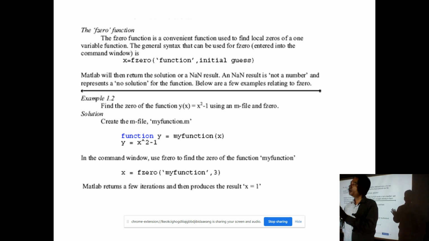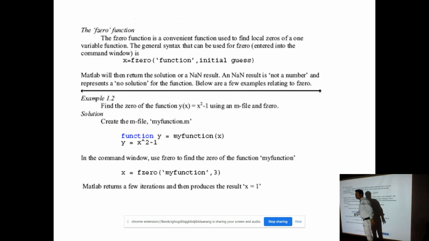So remember, when you are going for user defined functions, always open two M files. One M file for your defined function, another M file for your solution using the inbuilt function. That's called the run file. So this is your run file, this is your usual file. So you have to open two M files.